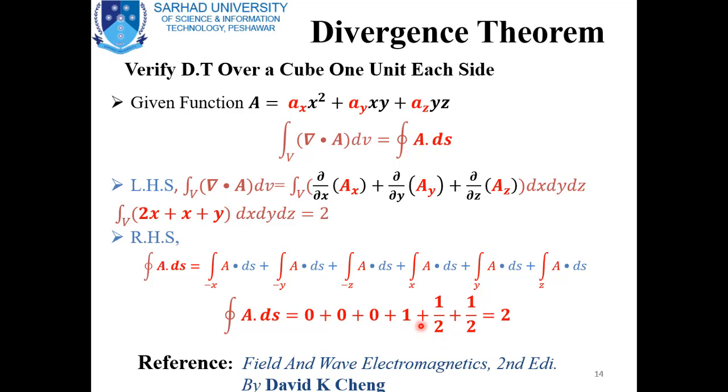These are the answers for each surface integral, and the answer of the surface integral through the whole cube is equal to 2. So we can say that the divergence theorem for the given function has been verified.